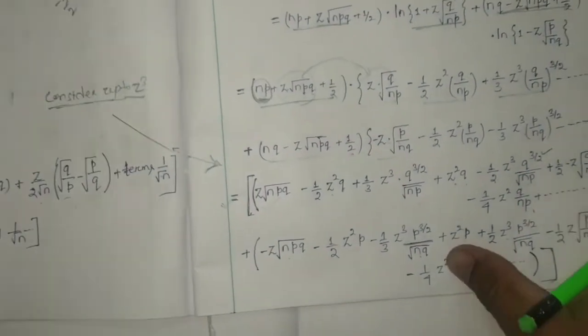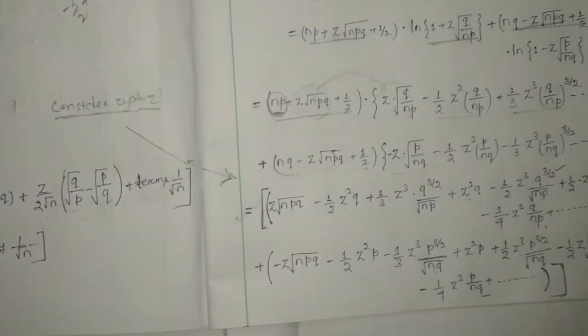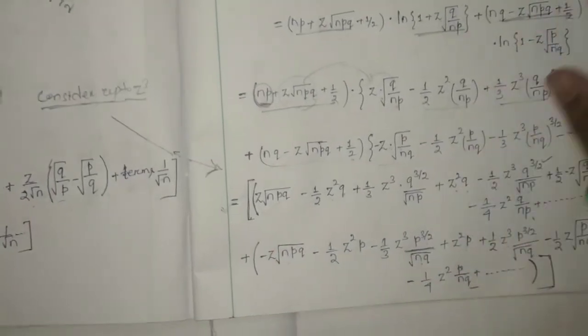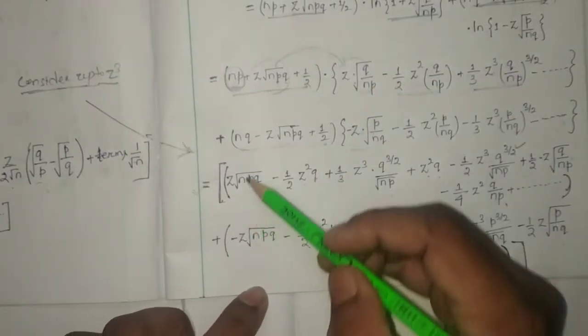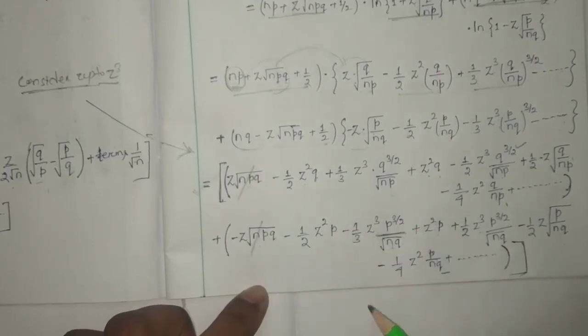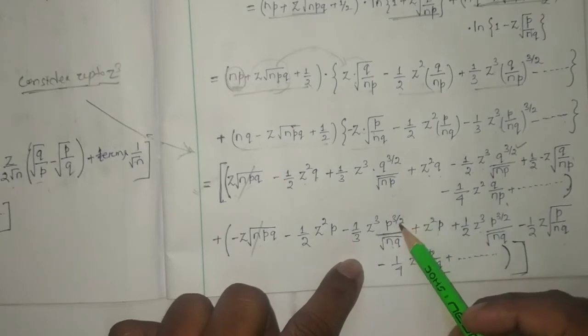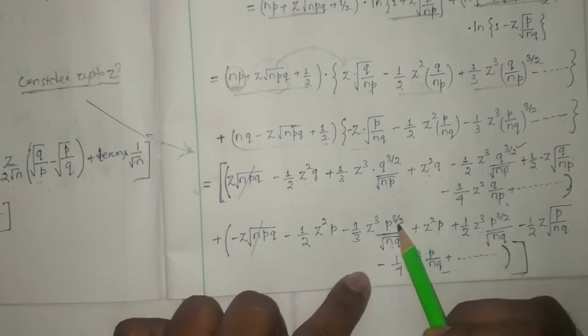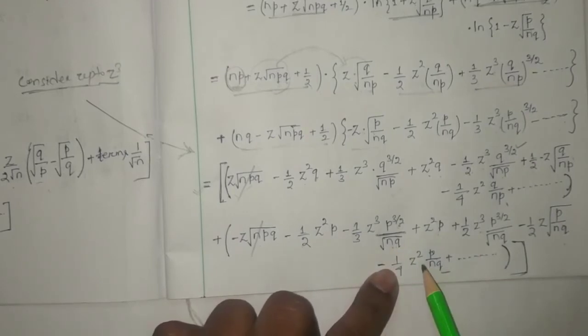Okay, so now is equal to, you can see that many terms are going to be cancelled out. See, this is plus z root over of npq, minus, got cancelled. Here 1 by 3 zq p to the 1 by 3 by nq root over here.